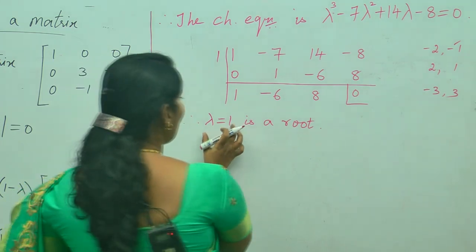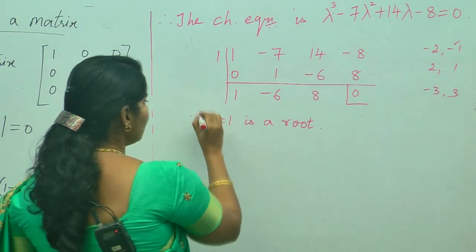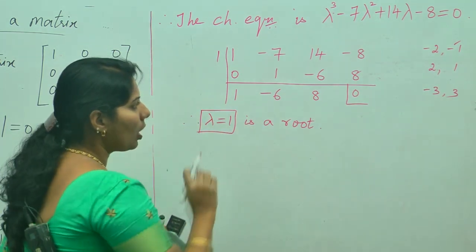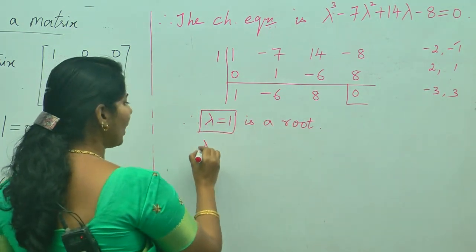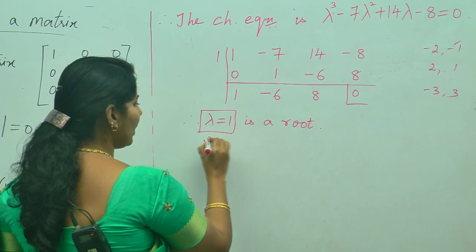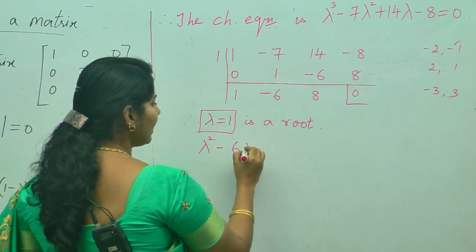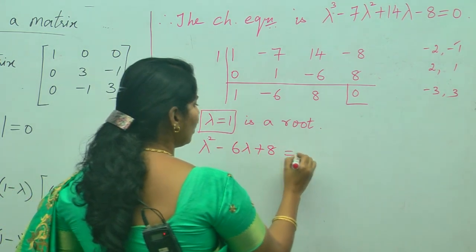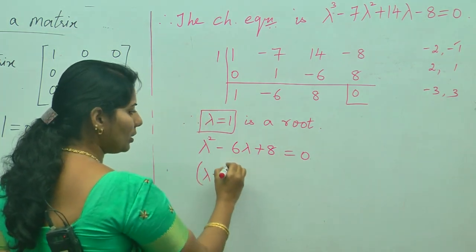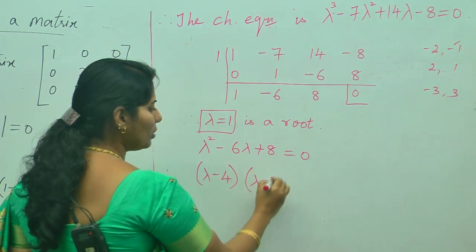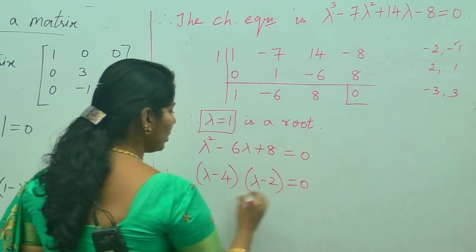Now, you have got lambda is equals to 1 is a root. You have got one of the roots. Now, you need to get the next two roots. How? By factorizing the equation. Lambda square minus 6 lambda plus 8 equal to 0. When you factorize it, lambda minus 4 into lambda minus 2, which is equals to 0.